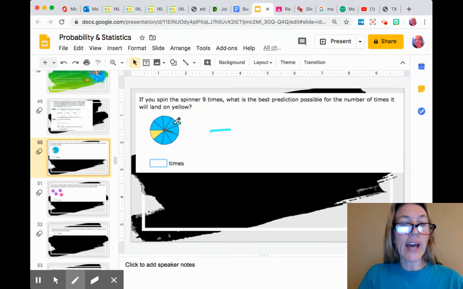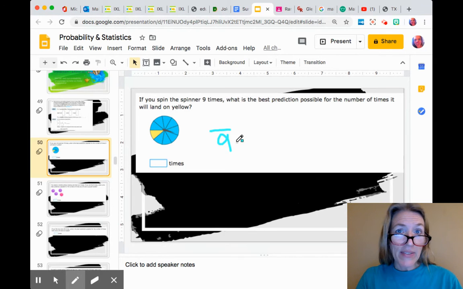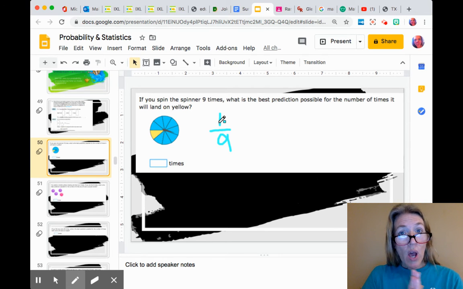So when I count 1, 2, 3, 4, 5, 6, 7, 8, 9 sections on this spinner, that's 9 possible outcomes that I'm going to put in the denominator. Then I'm counting the favorable outcomes for the yellow event, and that only occurs 1 time. So only 1 out of 9 times is this spinner going to land on yellow.